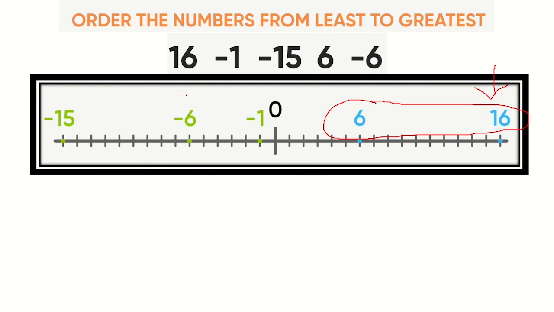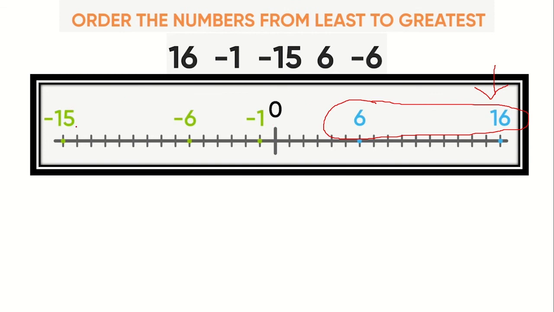So we're now down to the three negative numbers. So we will now use the second shortcut. The farther the number from 0, the lesser the number is. And remember, shortcut number 2 is only applicable for negative numbers.